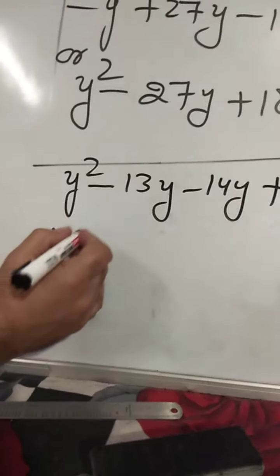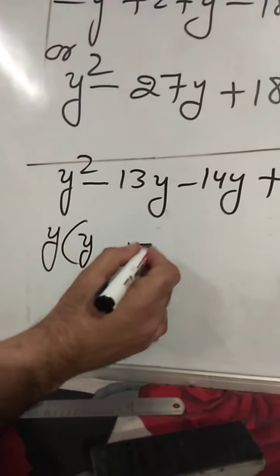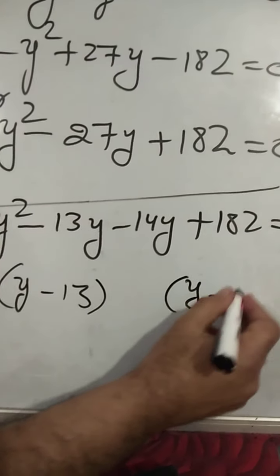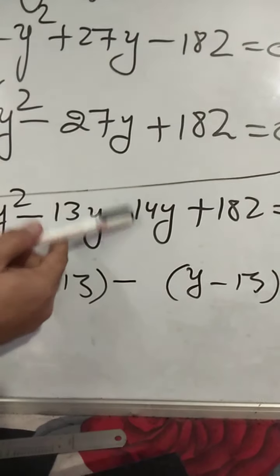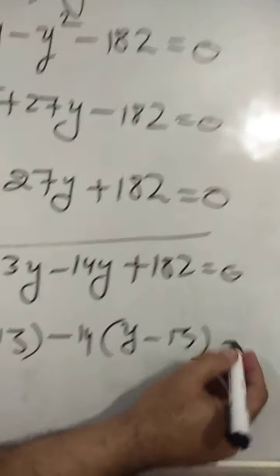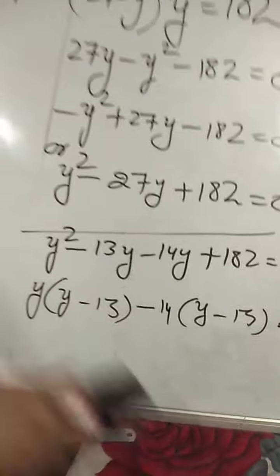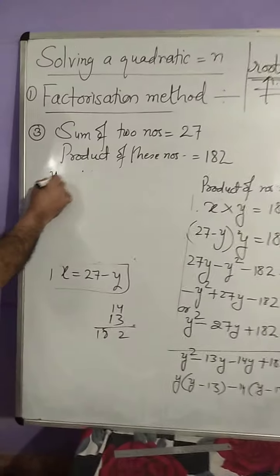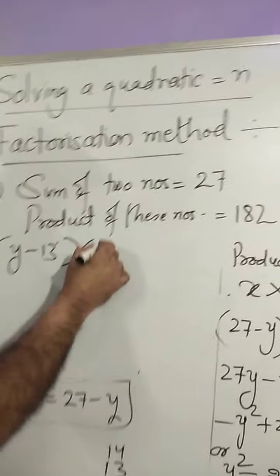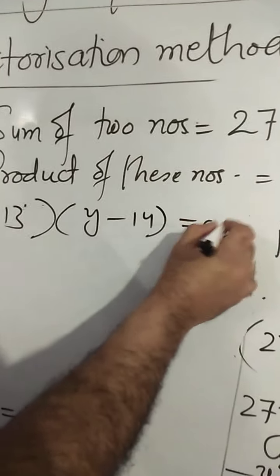First two से common, only y, minus 13, copy paste, y minus 13, third term का sign, minus, what is common? 14 equal to 0. So y minus 13 into y minus 14 equal to 0.